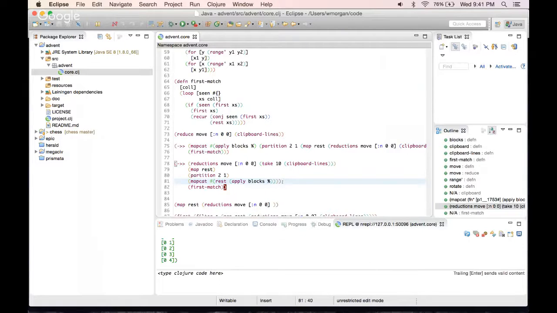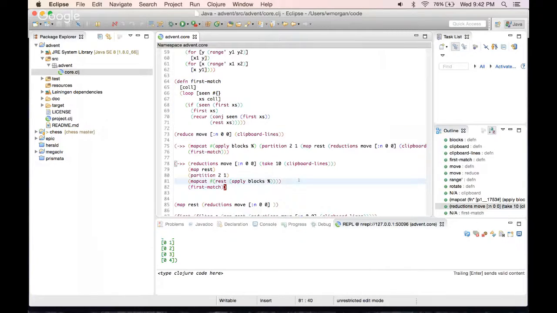That's not really any better, because it requires you to run over the entire collection twice. But this code right here, first match, is a lot of code for not doing a whole lot of work.